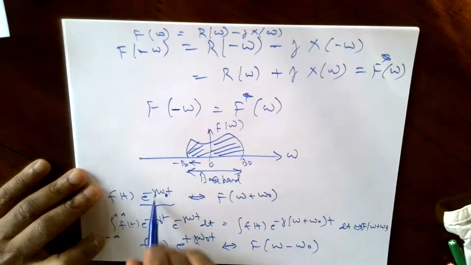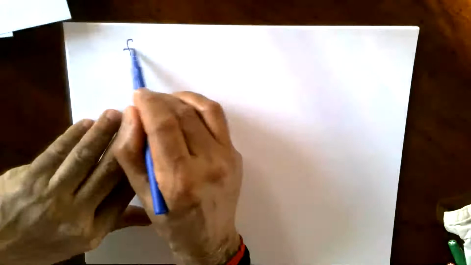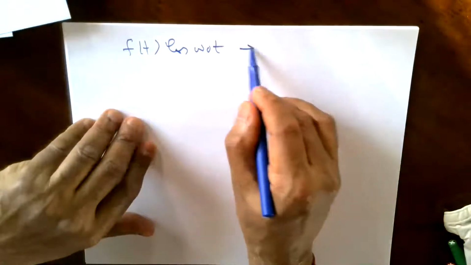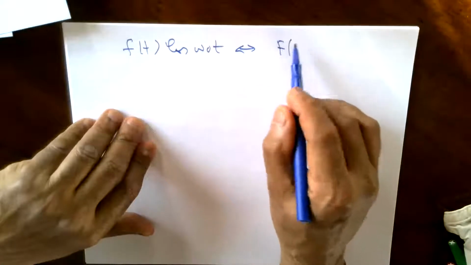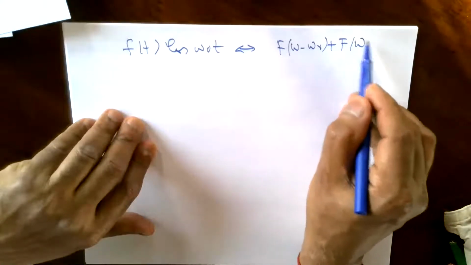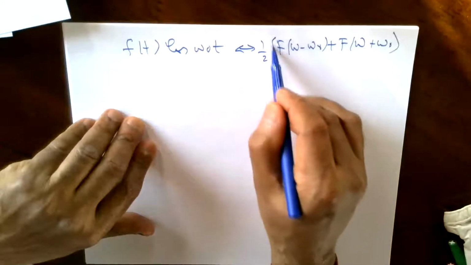So if you add these two, you can see that you can generate the cosine. If I add it and divide by 2, you get f(t) cos ω0 t is actually [F(ω − ω0) + F(ω + ω0)] divided by 2.